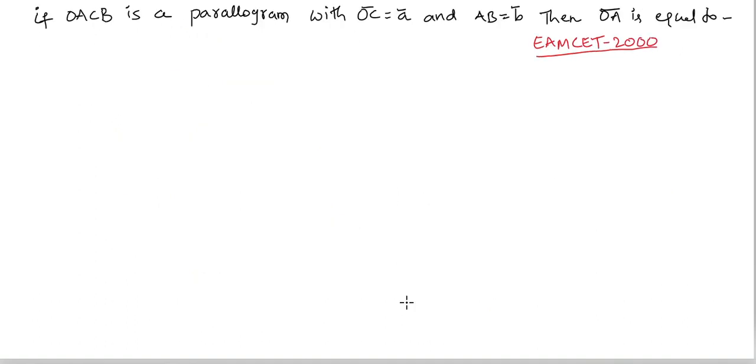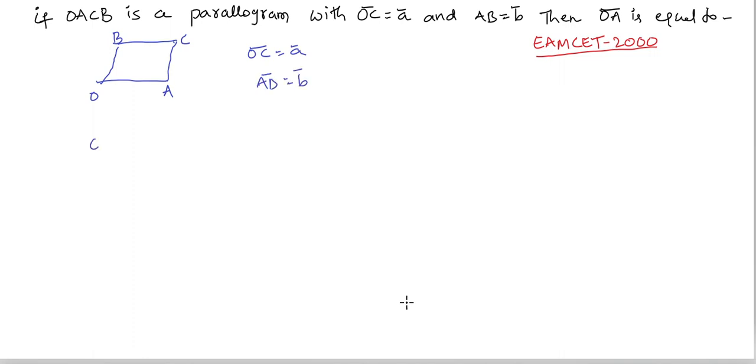If OACB is a parallelogram, OC bar is equal to a bar and AB bar is equal to b bar, then OA bar is equal to dash. This is an MHT-CET 2000 question. Here a parallelogram is given, with OC bar equal to a bar and AB bar equal to b bar.